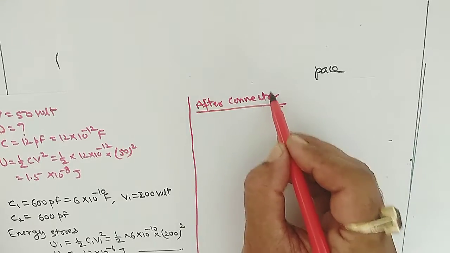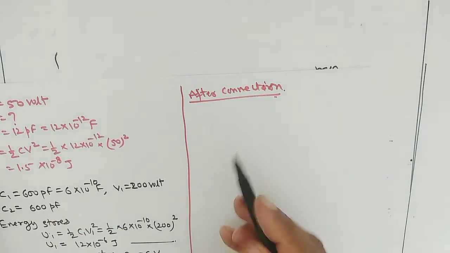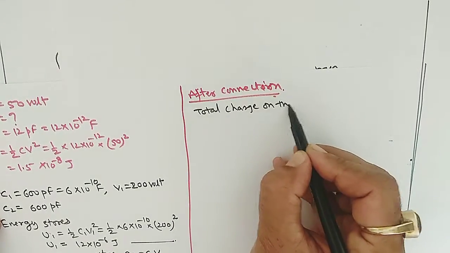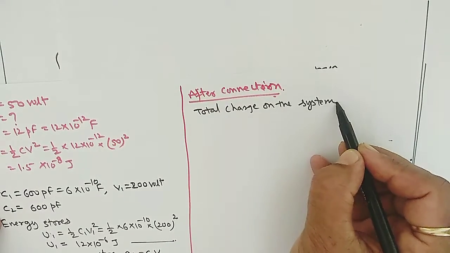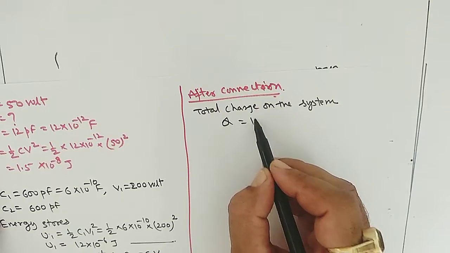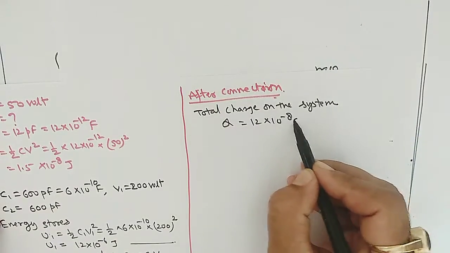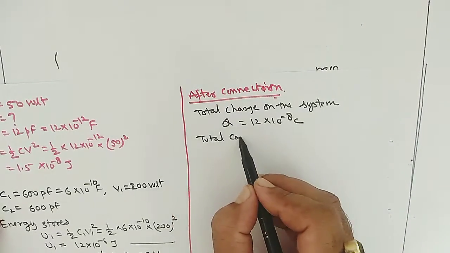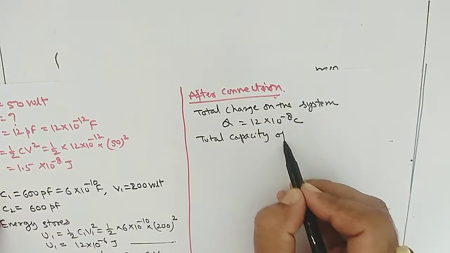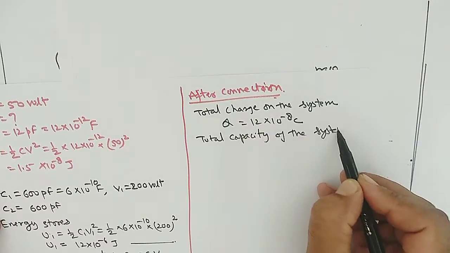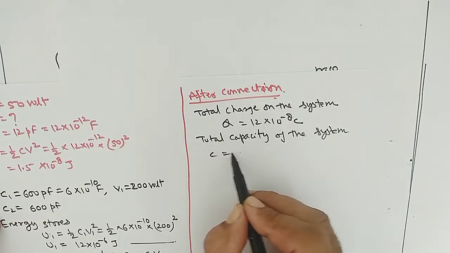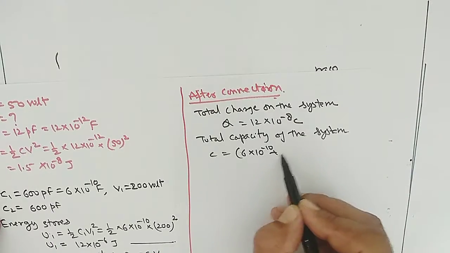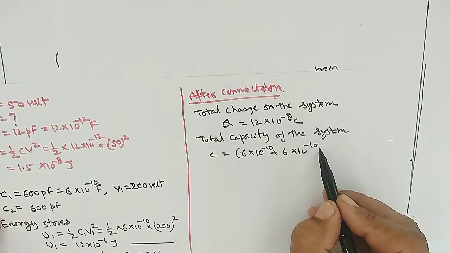After connection, see what is the total charge on the system: Q is equal to 12 into 10 to power minus 8, as before. So the total capacity of the system, C, is equal to 600 picofarad plus 600 picofarad, each 6 into 10 to power minus 10 farad.